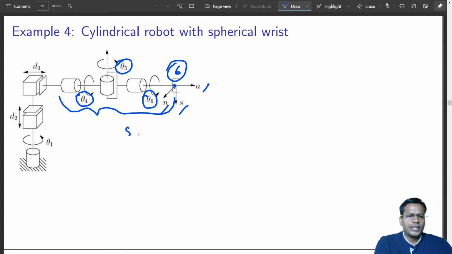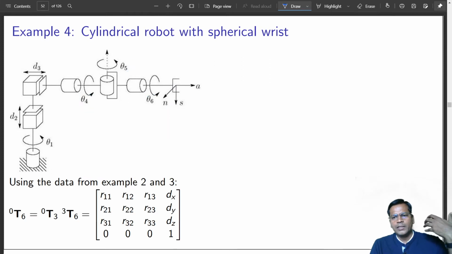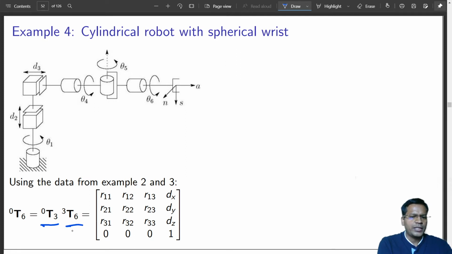So this is the spherical wrist fitted at the end of a cylindrical robot. This is your rotary joint and next the prismatic joint. Now I'll club those two DH parameter tables. The first three were done earlier in the second example, and the next three we did just now, for the spherical wrist.